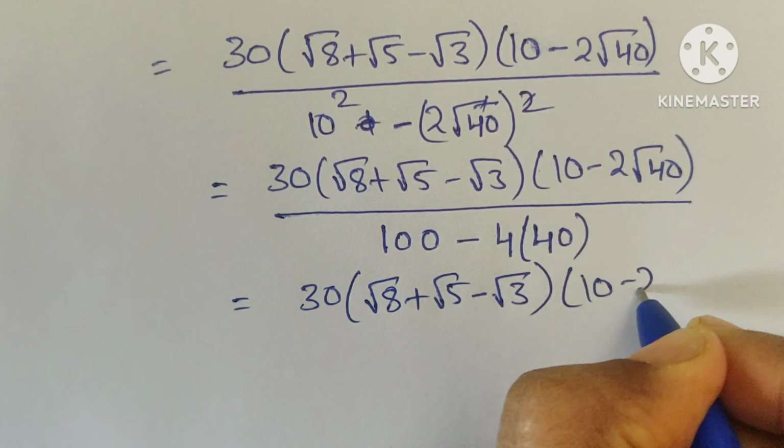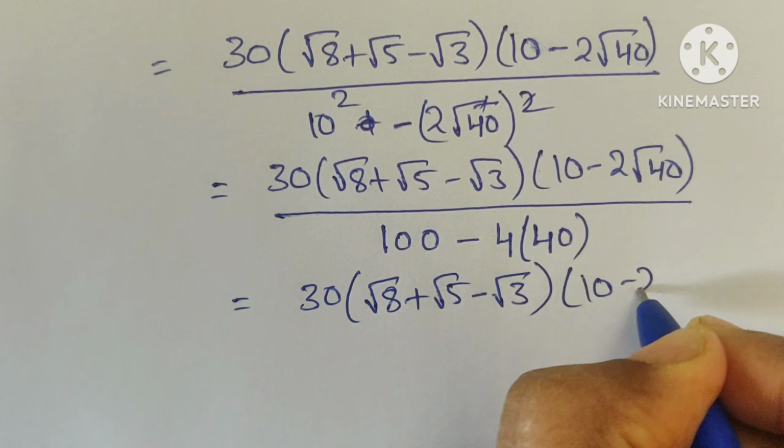So here 30 times square root of 8 plus square root of 5 minus square root of 3 times 10 minus 2 square root of 40. So divided by, so 100 minus 160 which is equal to minus 60. So here 30 divided by 60 is equal to 1 by 2.